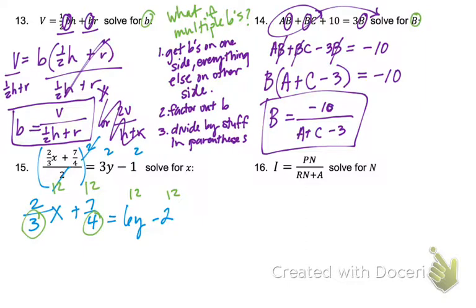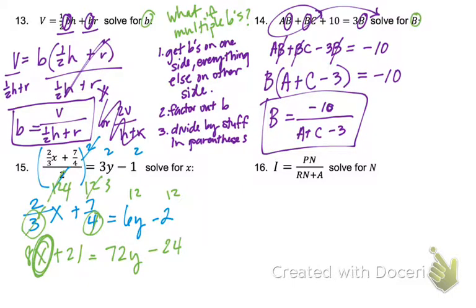I'm going to have to multiply everything by 12. So I have 8x plus 21 equals 72y minus 24. And I'm solving for x, so I'm going to circle it or highlight it.